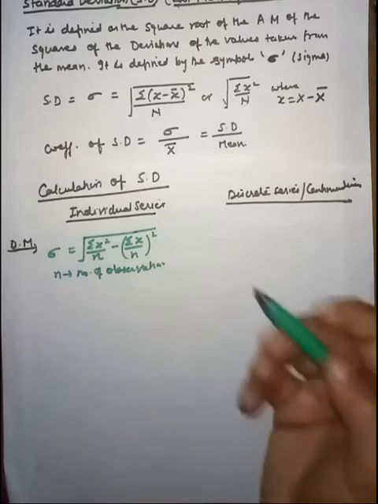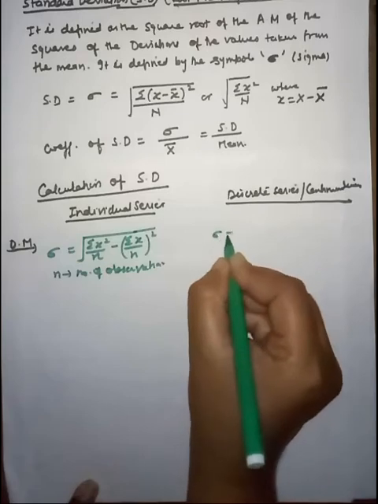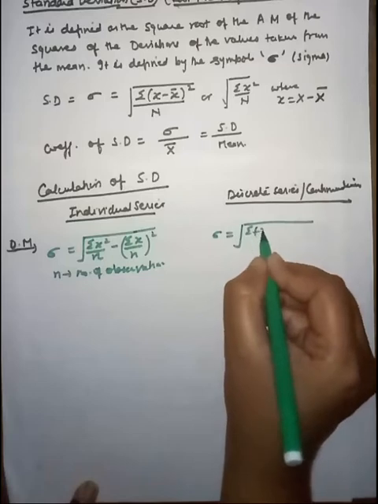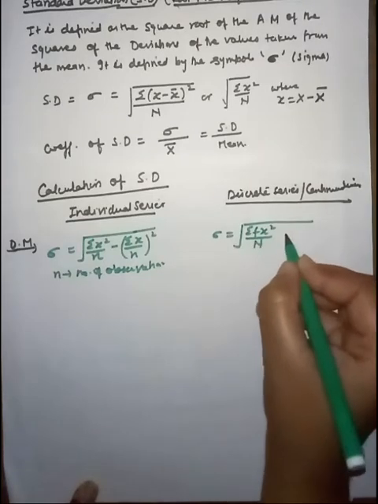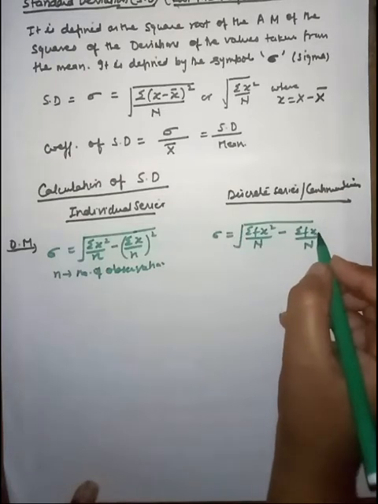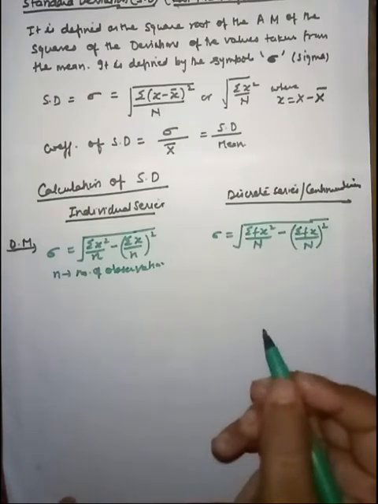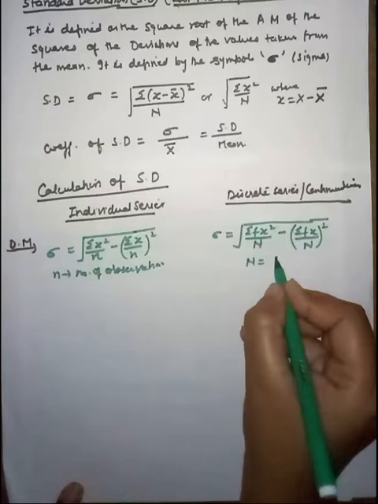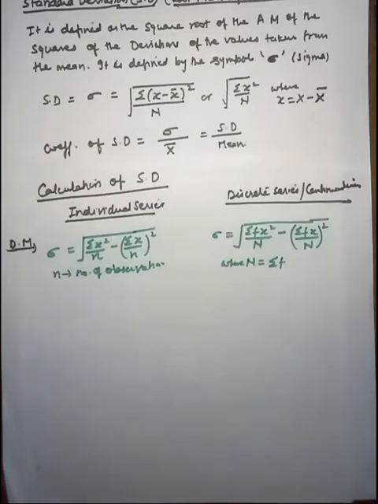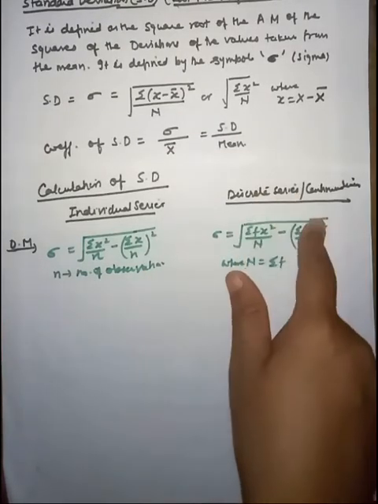In this case the direct method is sigma equals the square root of summation f x square upon capital N minus summation f x upon N whole square, where N equals summation of f. So this is the direct method formula for individual series, and this is the direct method formula for discrete and continuous series.